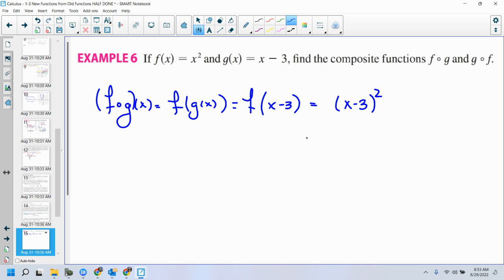Okay, let's FOIL that. X squared minus 3x minus 3x plus 9. Please don't just distribute the squared. Don't do that. And then we have x squared minus 6x plus 9. So that is f of g of x.